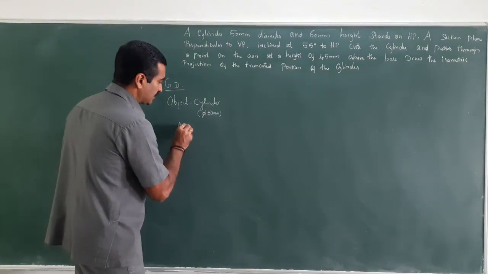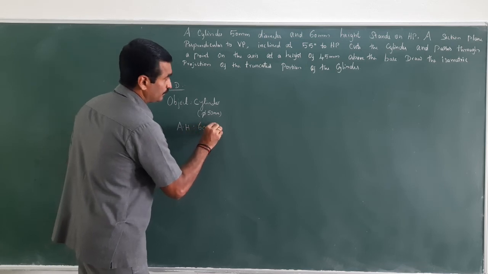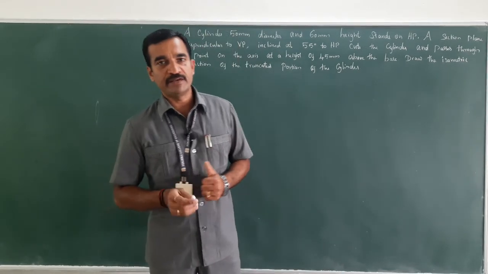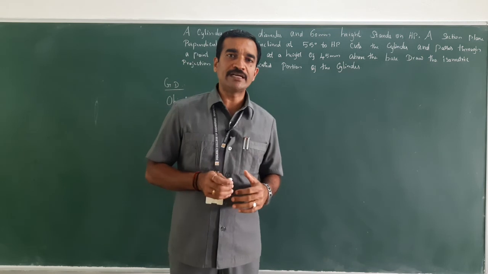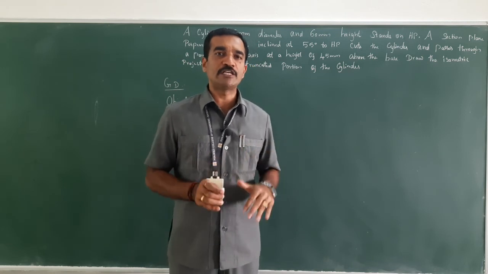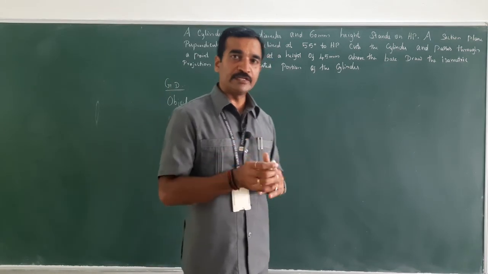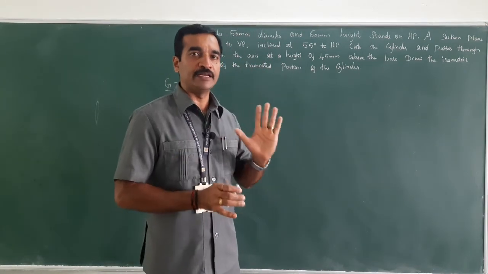So axis height 60 mm. It stands on HP. As I told you in the previous video and the introduction video, the object will always be placed on HP in a vertical manner. Even if it is not given, you assume that it is placed in a vertical manner.